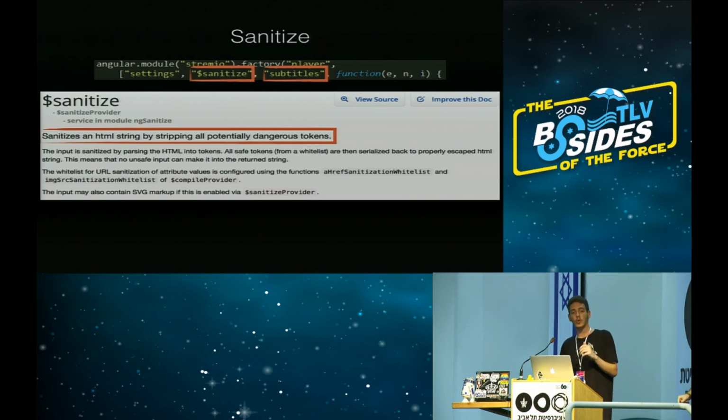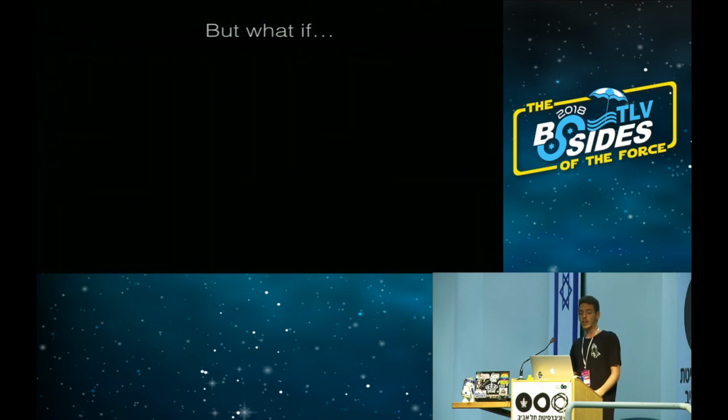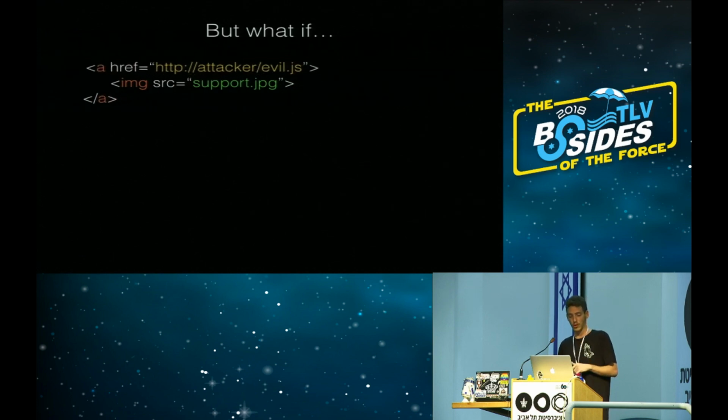Now, having to use only static HTML tags with no scripting capabilities really limited our options, so this called for quite a creative solution. If you've ever used Stremio, you must be familiar with the Support Us pop-up banner. Now, we know that we can use HTML tags, right? So what if we present the Support Us image to the user using the image tag, but we surround it with an href tag?